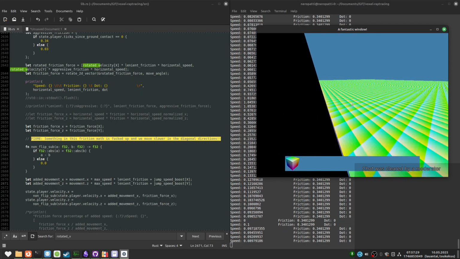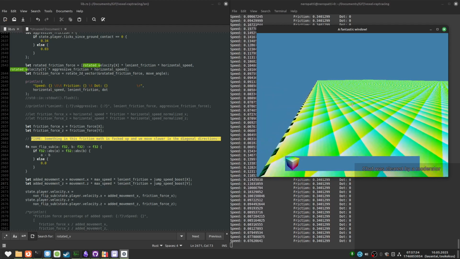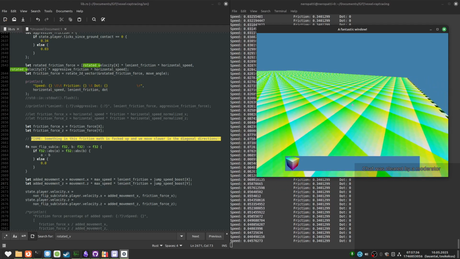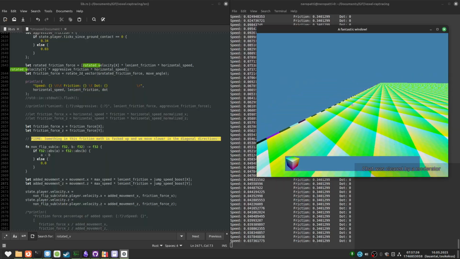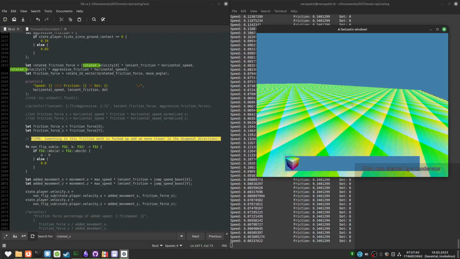Ay, ay, ay. My jumping still gives a small boost, even if we're not holding any inputs, but that's intended.